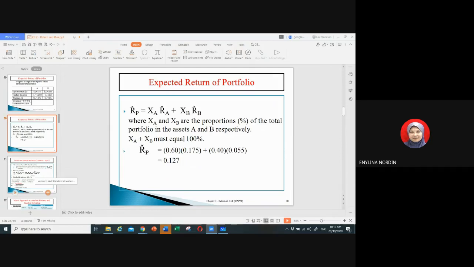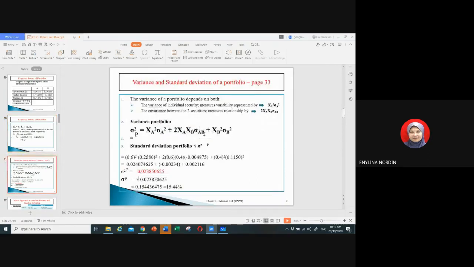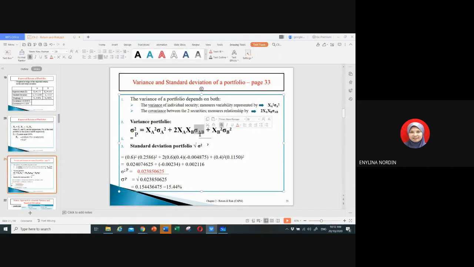That means we have to consider the relationship when you form a portfolio. So that's why in the right formula for standard deviation, we take the relationship by substituting the covariance value into this formula, to show the diversification effects between the returns of the two stocks.